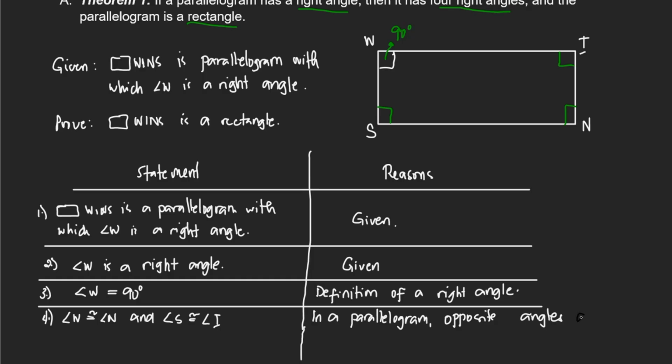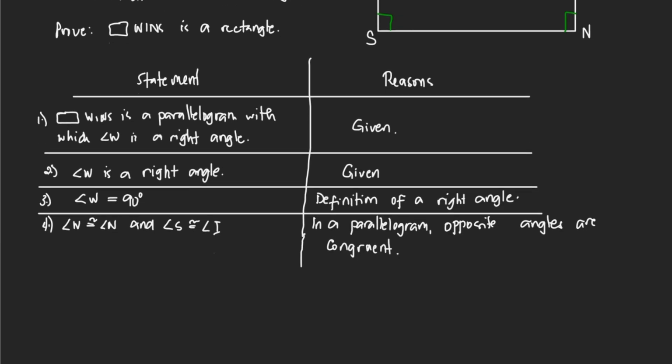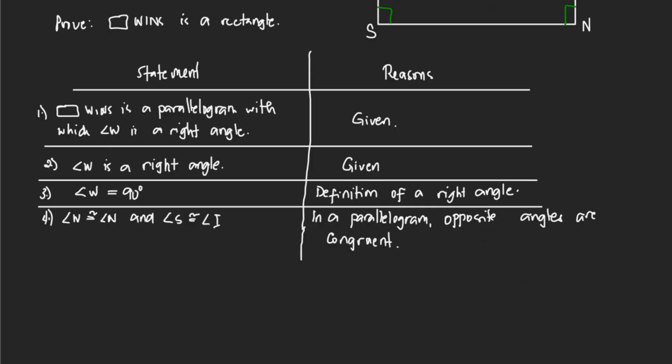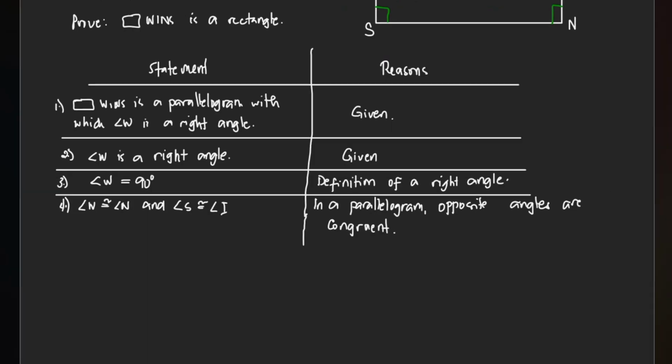Opposite angles are congruent. So this means they are equal. Kung ano yung measure ni W dito, same din measure ni N. Ano yung measure ni S, same din yung measure ni I. Okay? Next, we have, okay, yung reason natin.